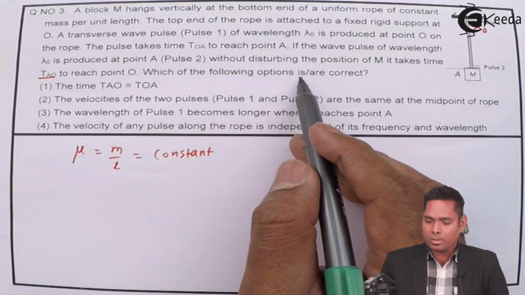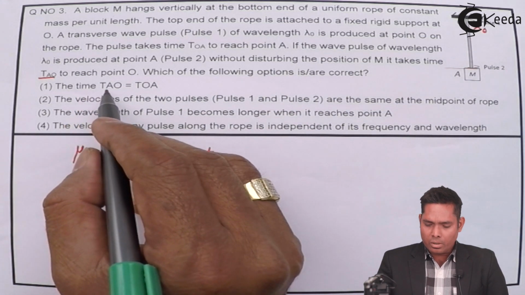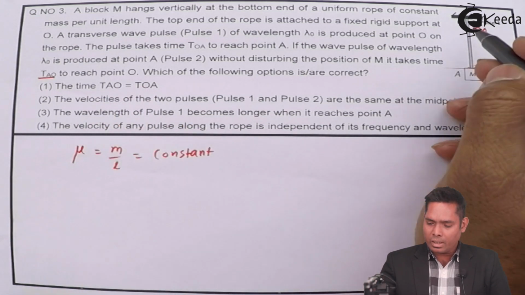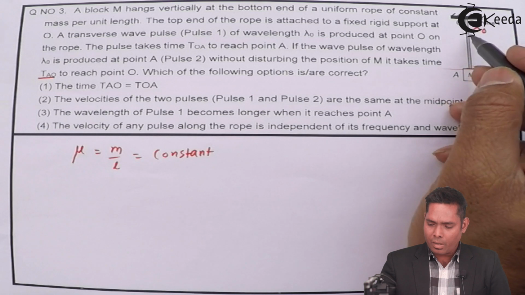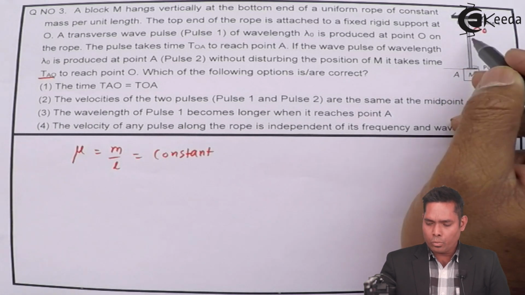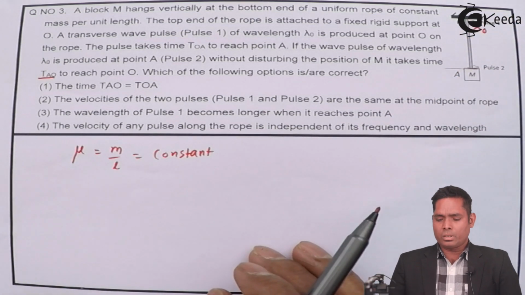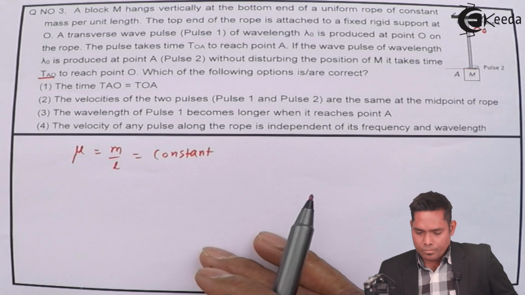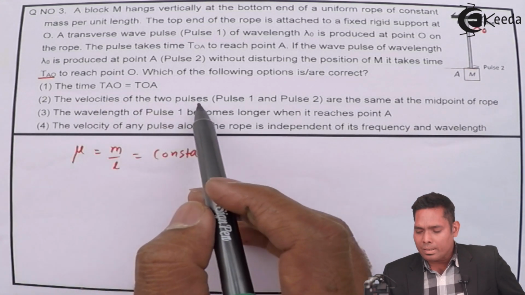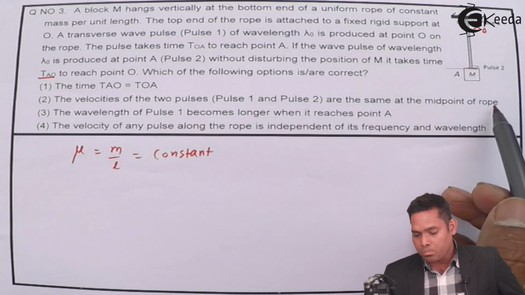Which of the following options is or are correct? The times TAO and TOA are equal. We have to see whether the time taken by pulse 1 and pulse 2 is the same or not. The length is the same, but we have to see whether the time is the same. Then, whether the velocities of the two pulses 1 and 2 are the same at the midpoint of the rope.